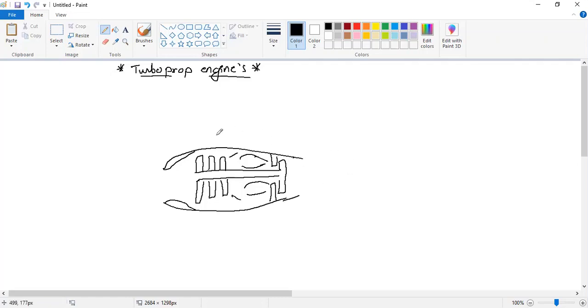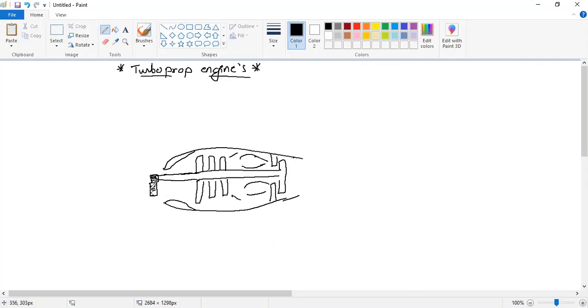So what actually happens over here is, we can take the drive from this end, and then we can have a gear here like this. We can have a reduction gear. In the reduction gear, this is bigger, this is smaller.